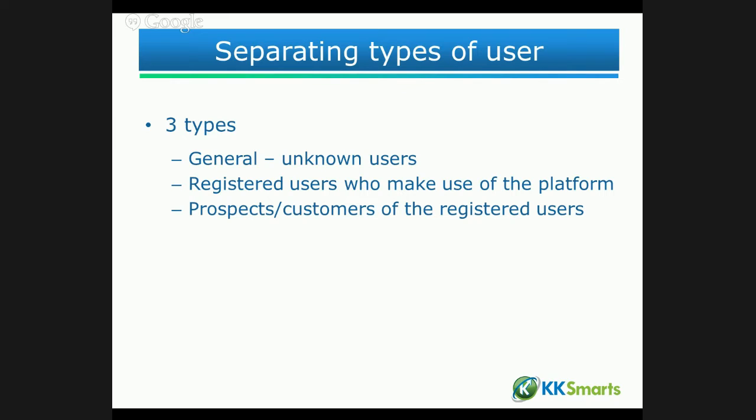These people will have completed a registration process. And in that lies the clue. What we need from an analytics point of view is to record the fact that they've completed that registration process and make it persist. So remember that through their future interactions that they are a registered user.